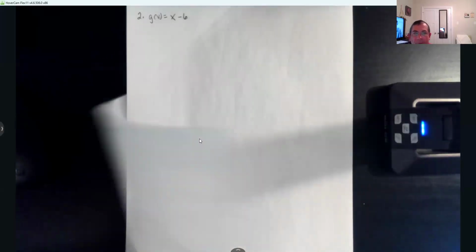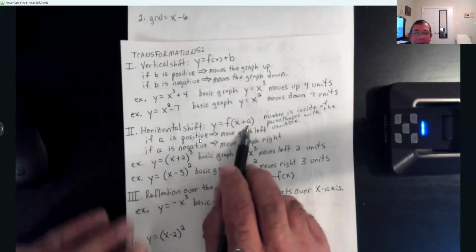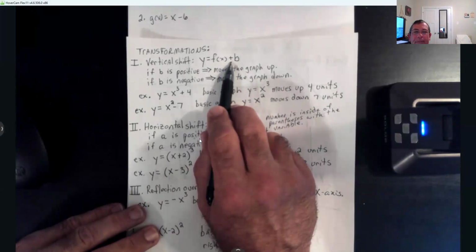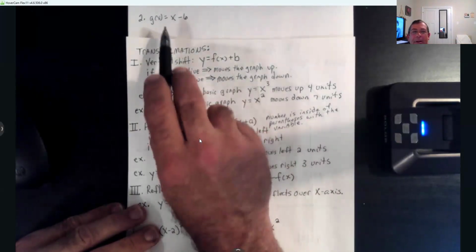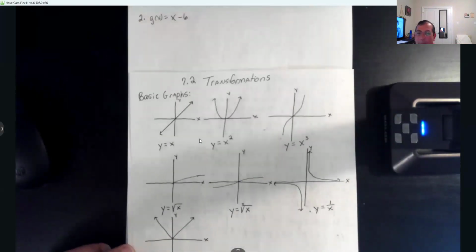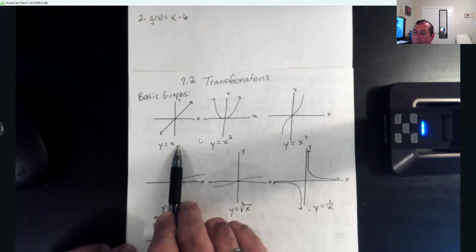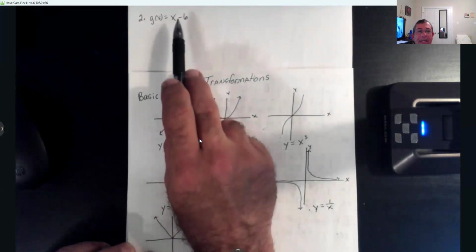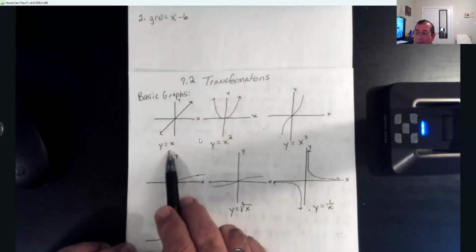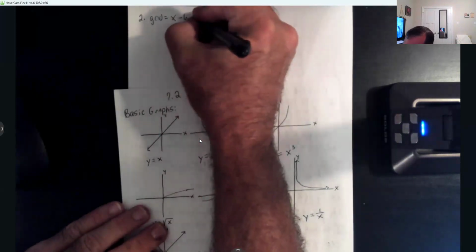So we have x minus 6. That's not inside parentheses. So it's got to be this move right here. Now, that's just the x minus 6, but y'all look over here. My very first basic graph is the x graph. So since that's the x minus 6, it has to be this one it started with. So my basic graph will be the y equals x.